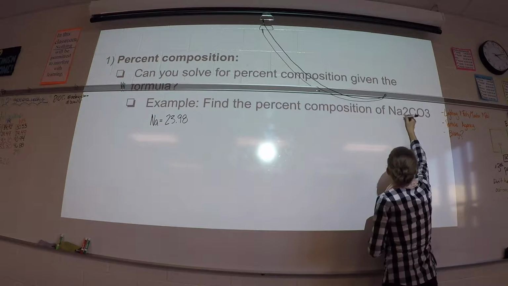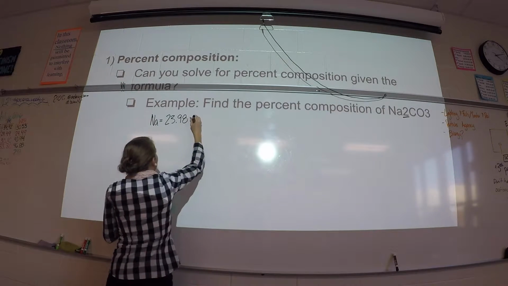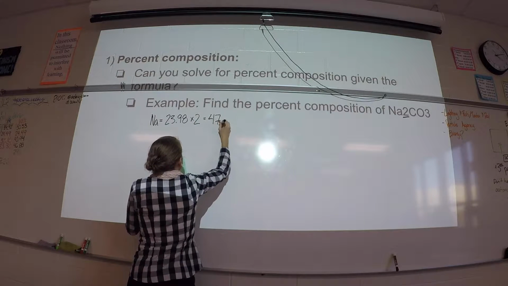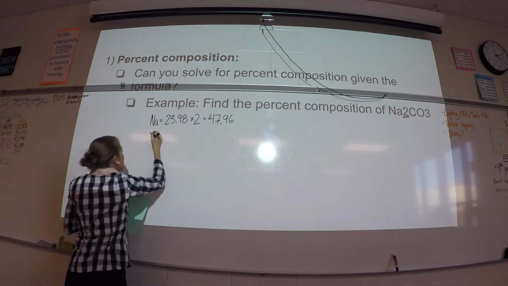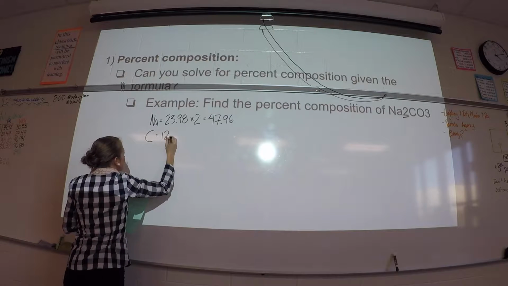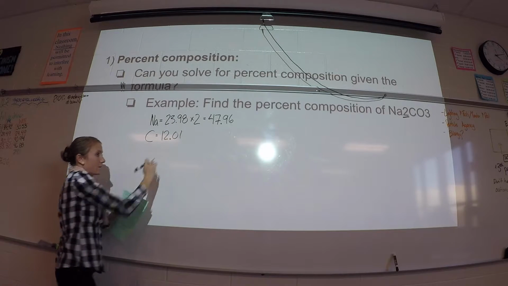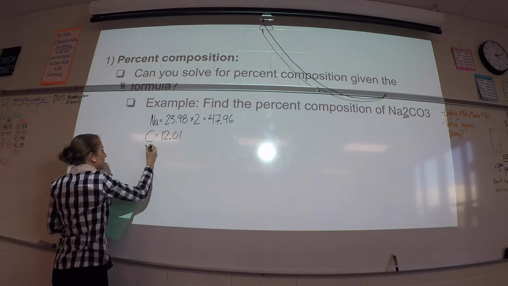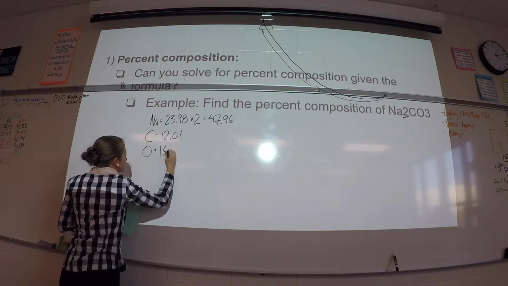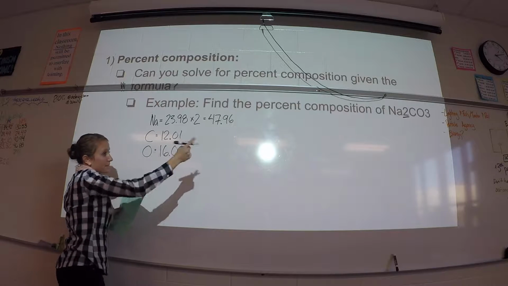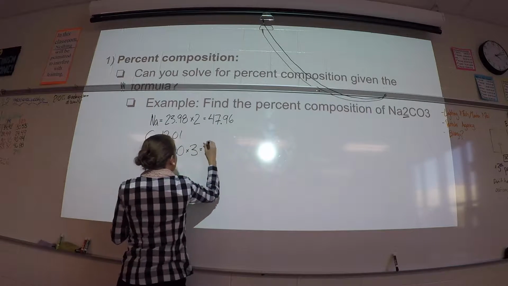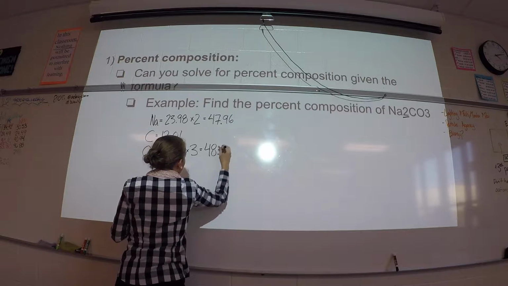Because there are 2 sodiums in the formula, we need to times this number by 2. Carbon has a mass of 12.01, and these are coming from the periodic table. In the formula, there's just one of them, so that's good. Oxygen has a mass of 16.00, and there's 3 of those in the formula, so times it by 3, we end up with 48.